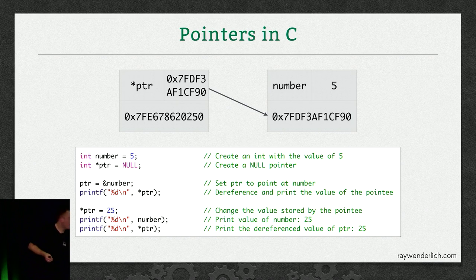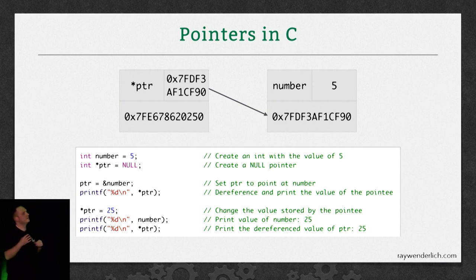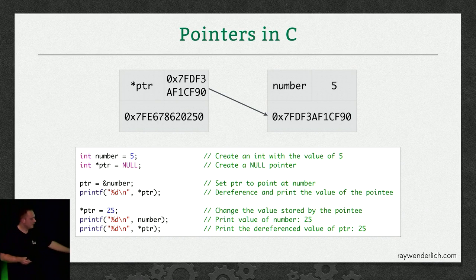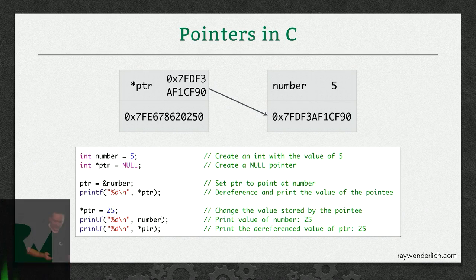And then when we reuse the multiplication sign, that's called dereferencing, and that allows us, rather than access the memory address of the pointer, to access the value or the object that memory address itself references. So this allows us to print the value, in which case that would print 5. We can then again dereference a pointer and set the value to 25. This will change the original variable, so both these things print 25.